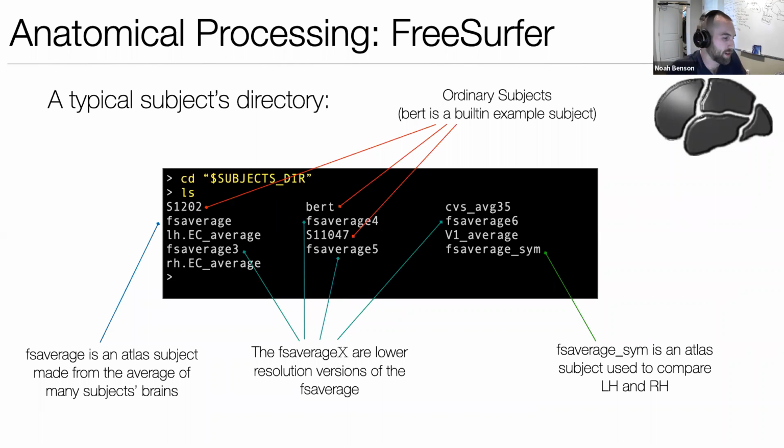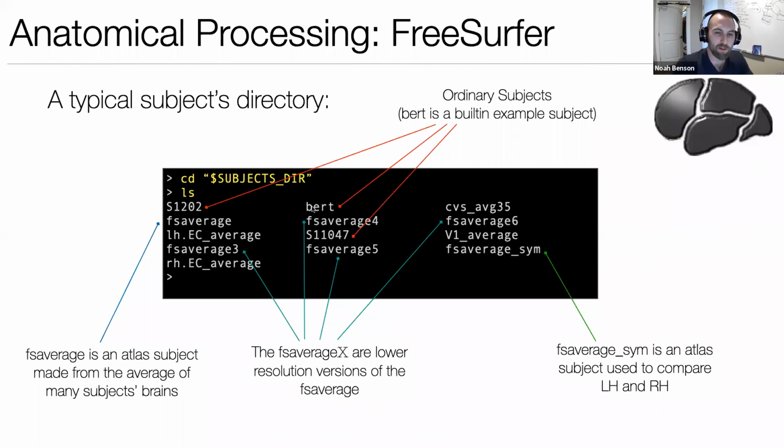Now, if we take a look at a typical subjects directory, as shown in this terminal screenshot, I've just basically changed directory to the subjects dir and done an ls command. We can see that it contains a number of subdirectories. All of these directories with the name fsaverage or fsaverage4, etc., are part of an anatomical template that we'll be talking about later in the last section of this talk.